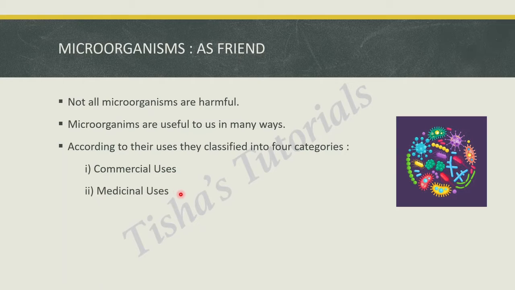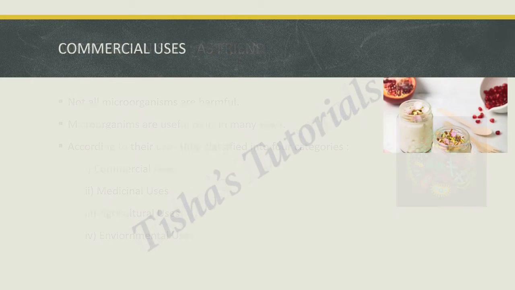Next is medicinal uses. Microbes are used to make various vaccines and various medicines. They are also used in agriculture, and they contribute to the environment as well. We'll see each of these in detail in today's video.